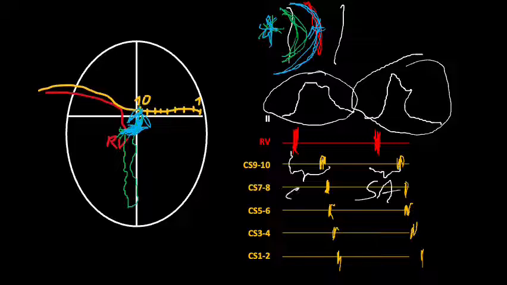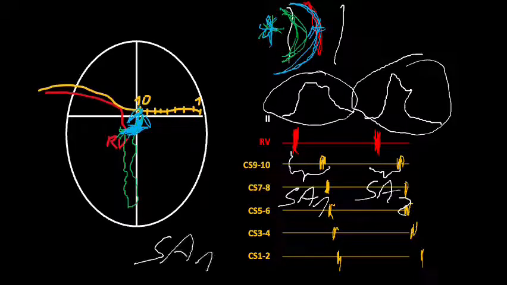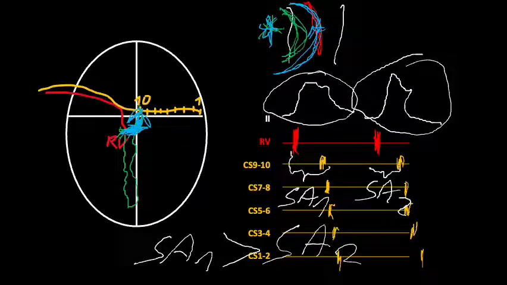So let's say this is SA1, this is SA2, and physiologically SA1 should be longer than SA2. Okay, now let's look what's going on in patients with accessory pathway.